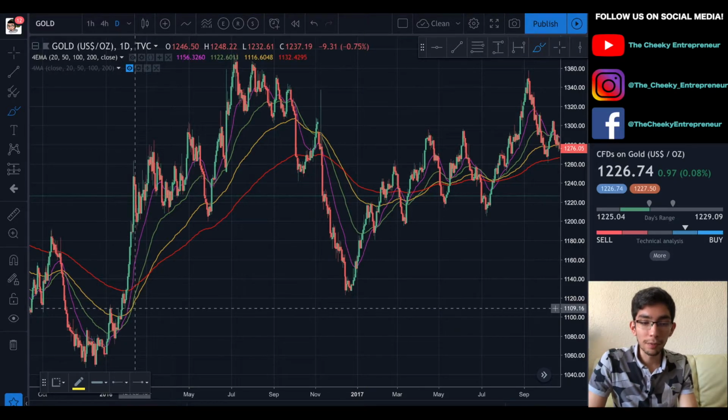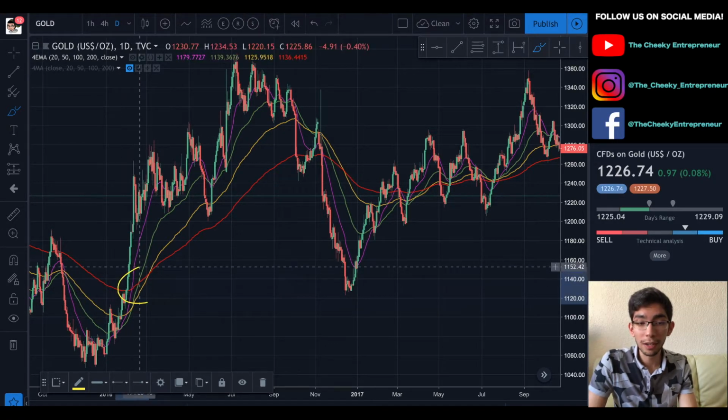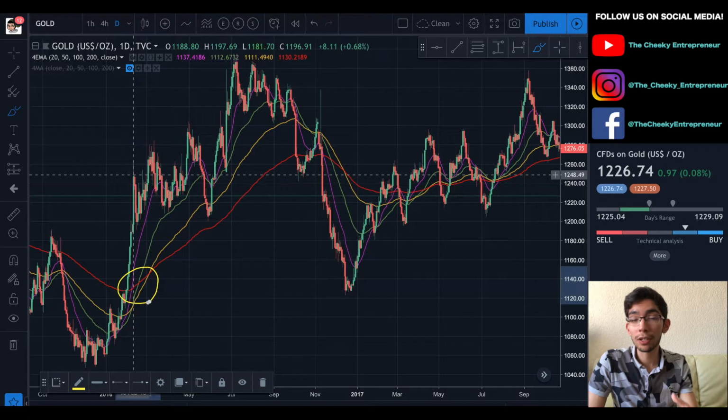And whenever you have this, it's more difficult to use the moving average or the exponential moving averages, because you have to anticipate. For instance, here we have a cross of the 50 EMA and the 200 EMA around here, but the price is actually way up. So if you were to go long at this position, you would be risking a lot, because the price has already gone up.